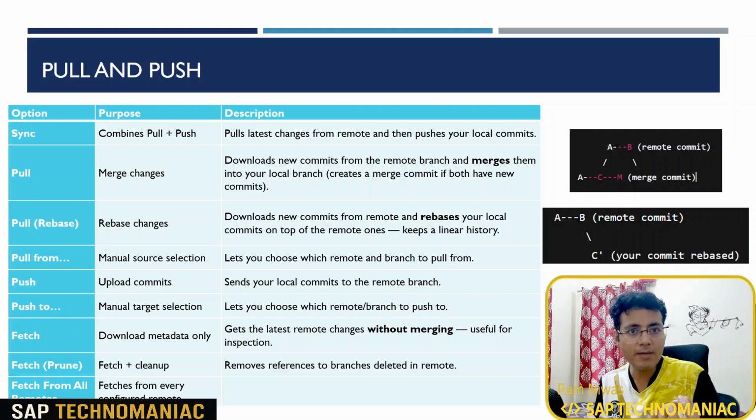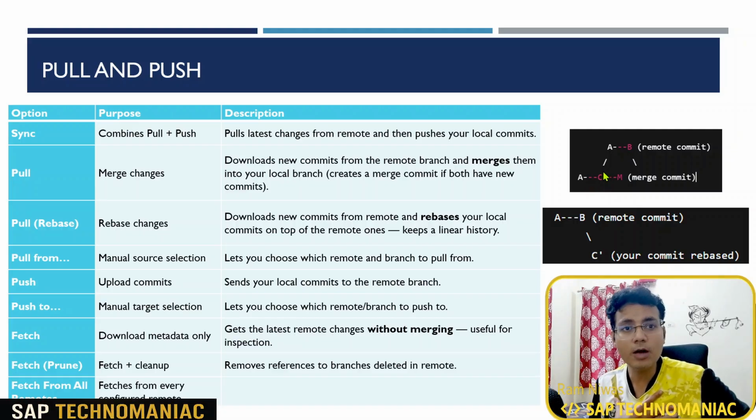It will download them and merge with your current changes into your local branch. That is called the pull. So basically you have A as your base or main branch or base code. Somebody committed the B changes while you are working. Now you did your local commit as C.